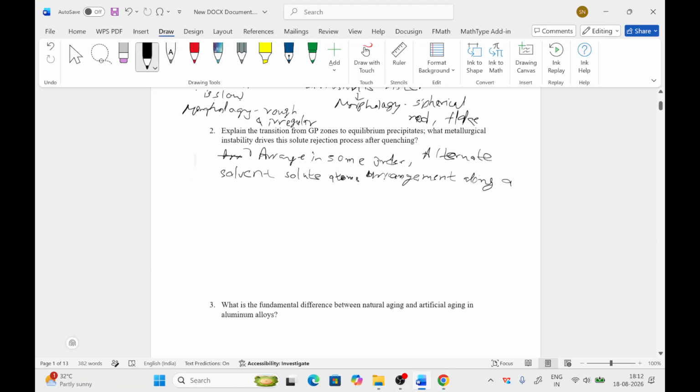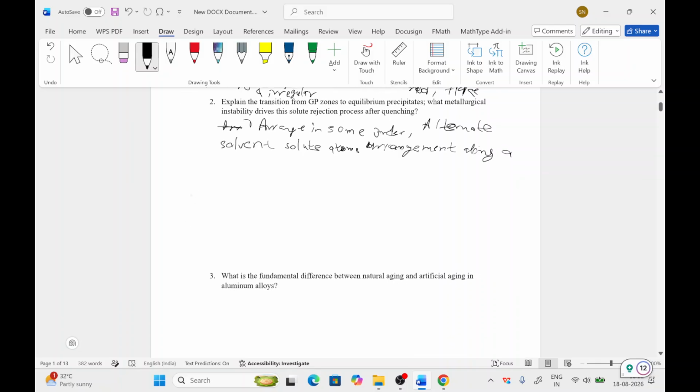Next question is, explain the transition from GP zones to equilibrium precipitate, and what metallurgical instability drives this solute rejection process after quenching. Quenching we do after solid solution: the supersaturated solid solution we achieve by heating the sample at high temperature to dissolve all solute atoms, and after that we quench the material.